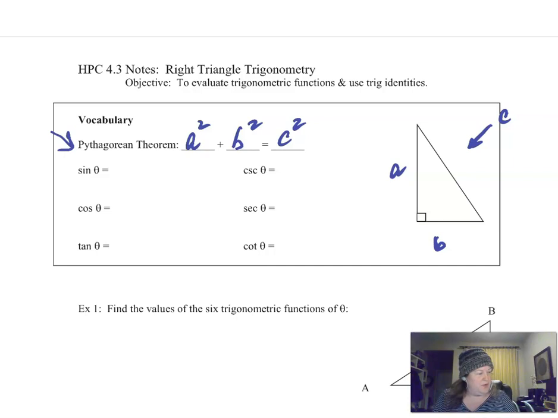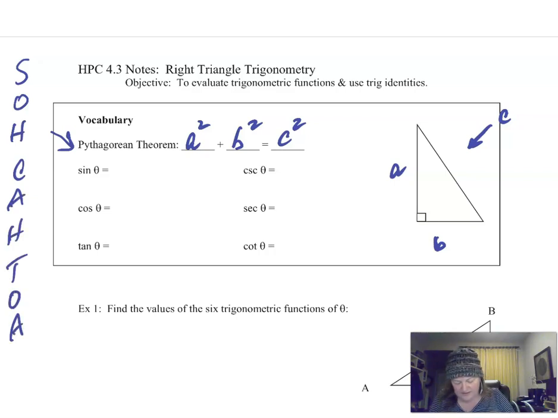The other thing we're working on is remembering the phrase SOHCAHTOA, and I'm going to write it vertically here. The reason I do it vertically is because then we can put the fraction in place so that you know what goes with what.